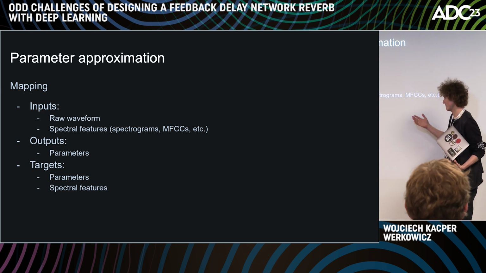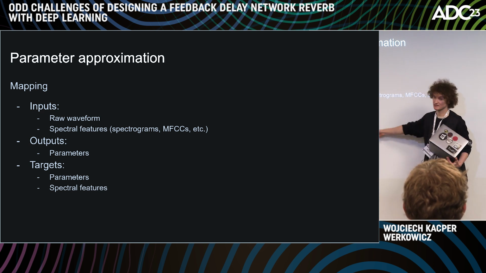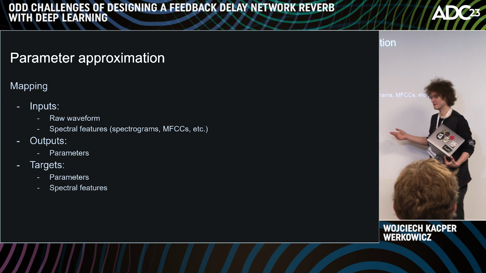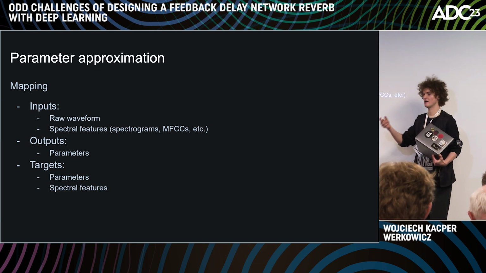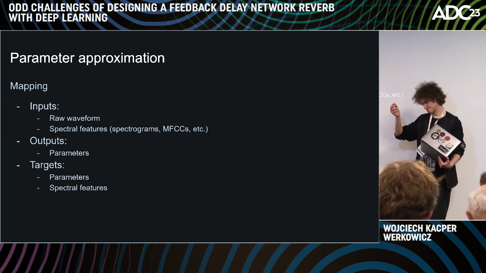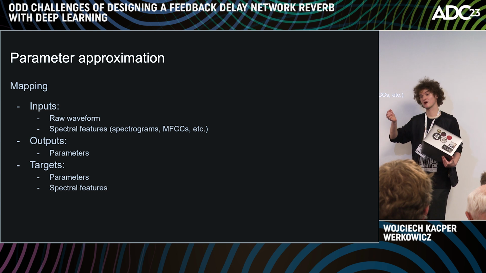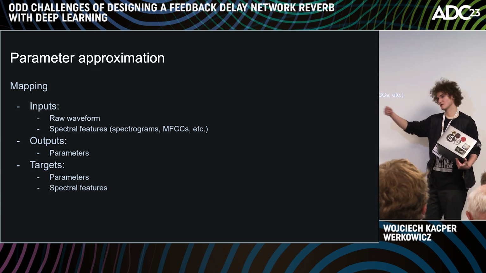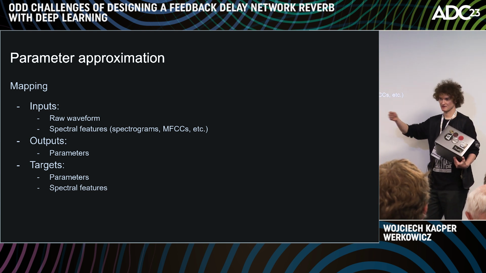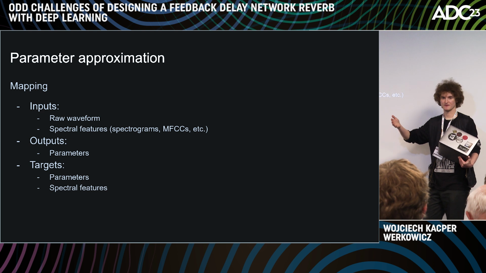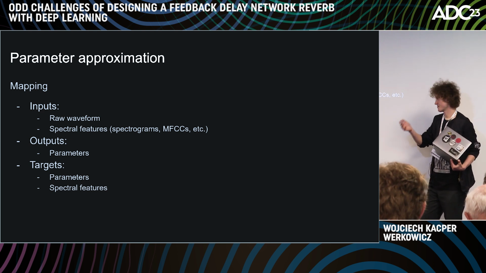You could do it in the simplest possible way and calculate the loss between the parameters. But then you're making the assumption that a small change in the reverb parameters will result in a small change in the perceptual quality of the impulse response, which might not always be true.